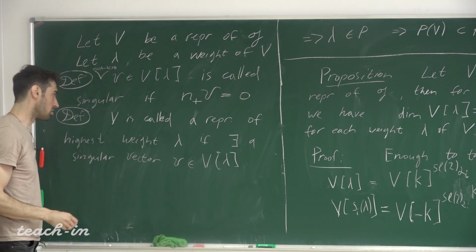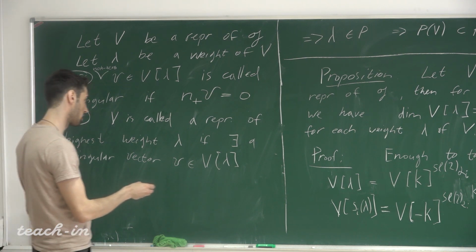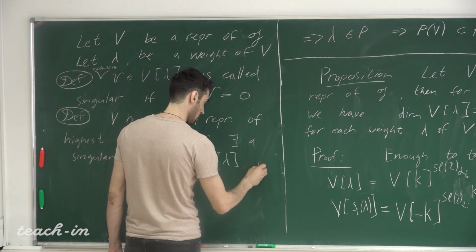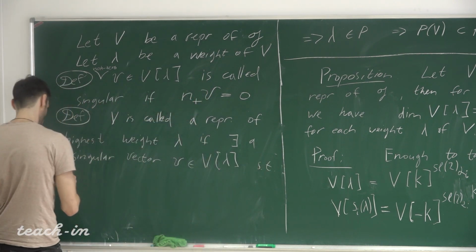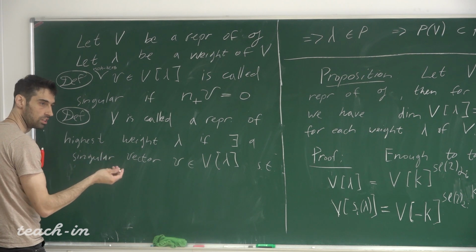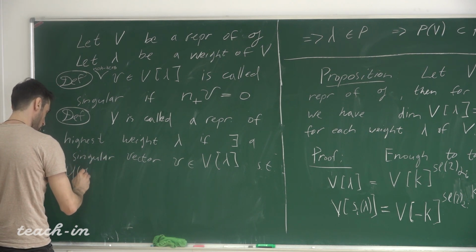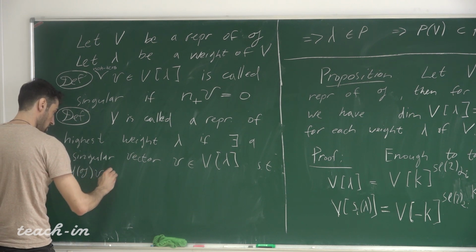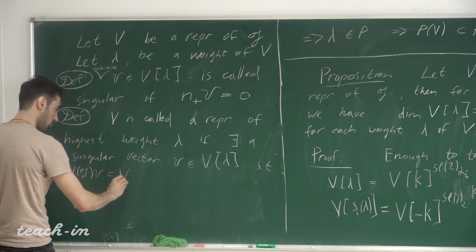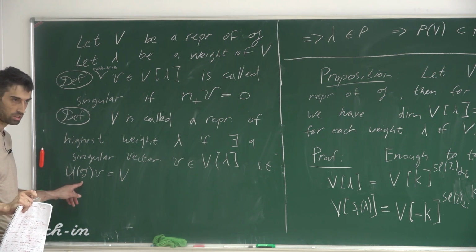So V is called a representation of highest weight lambda if there exists a singular vector V such that it generates the whole V. Let me write it like this: U of G applied to V is the whole representation V. This is the universal enveloping algebra.